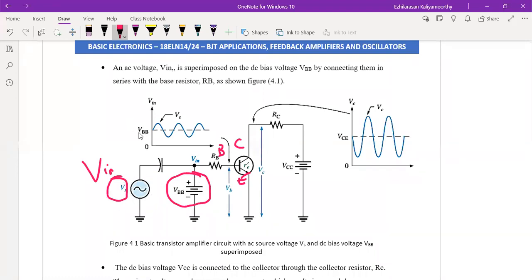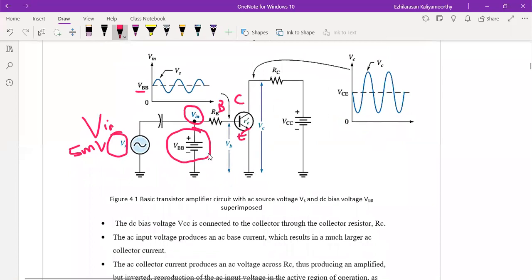Here VBB is the DC voltage shown by the dotted line, and VS is the signal voltage source. For example, consider 5 millivolt amplitude of AC signal connected over there. This is the input.